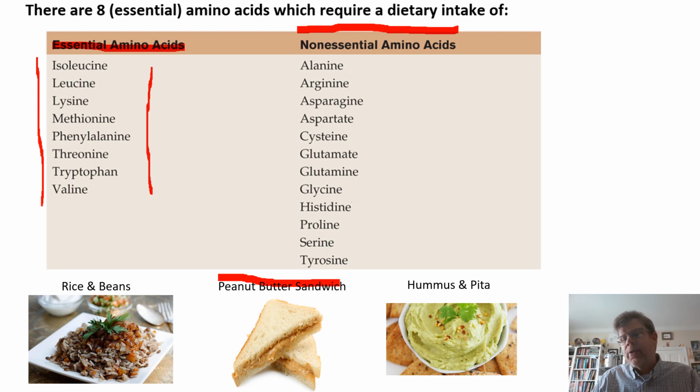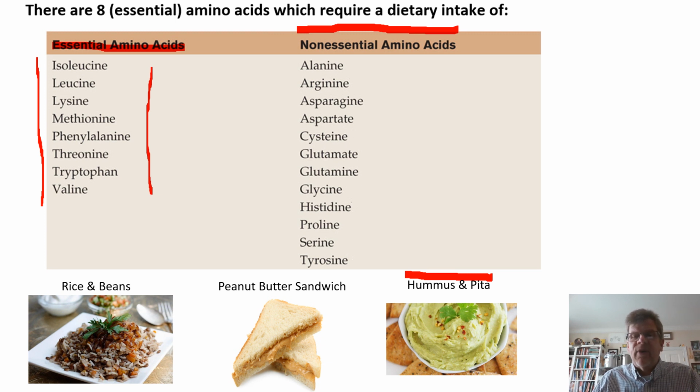There are proteins within wheat which is milled into bread, and other amino acids inherent in peanut butter, but put together, those two proteins can break down into amino acids where you'll have a whole protein, all 20 amino acids, or at least all the essential amino acids. Another example would be hummus and pita.